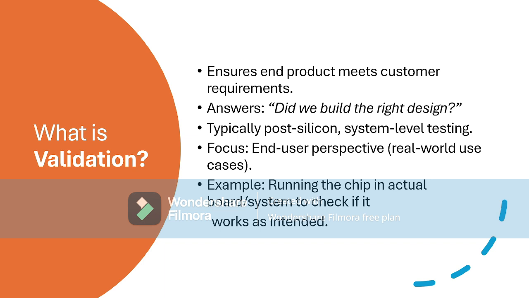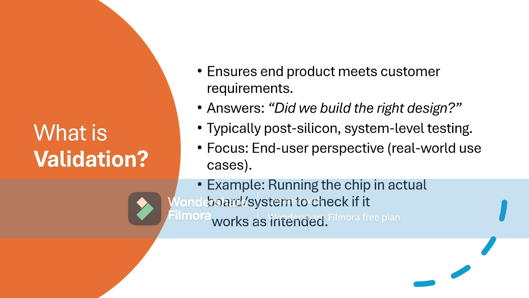If we send it to the market without the needs required by the user, it's not going to make any difference. So it needs correctness, and for that, validation is the wonderful step.